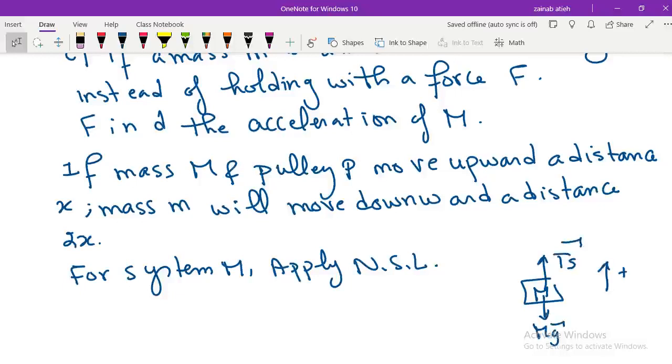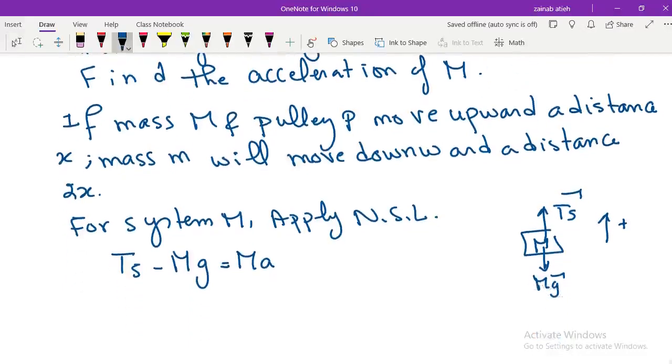So I will say plus T5 minus Mg is equal to Ma, big Ma, where a is the acceleration for M. Now T5 is equal to Mg plus Ma. I'm done working on M. Let's check the pulley.